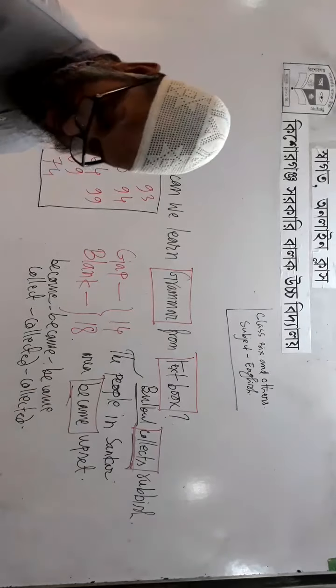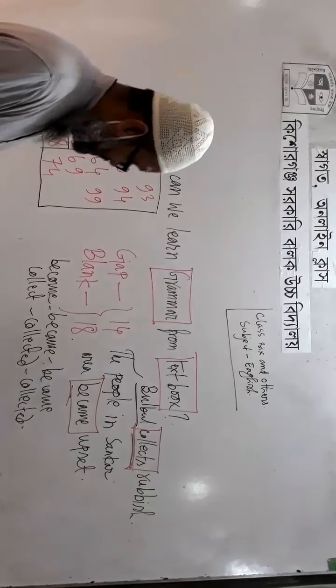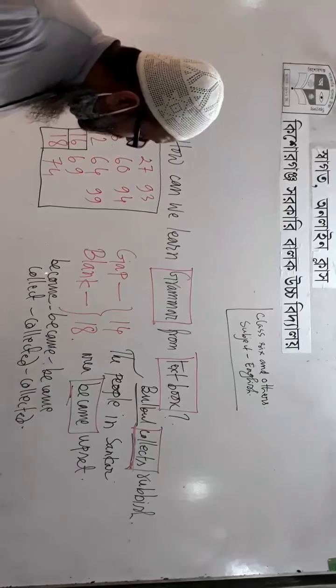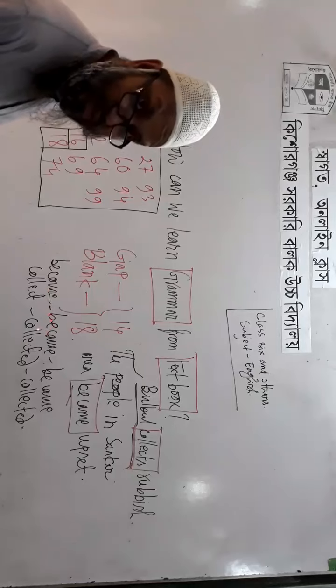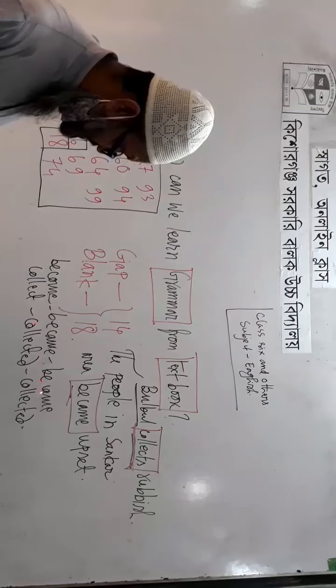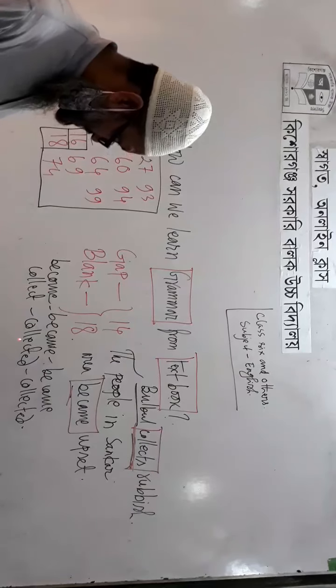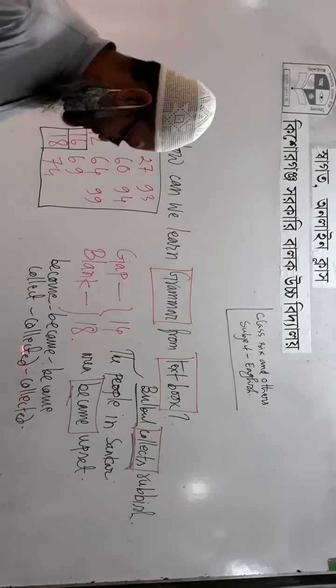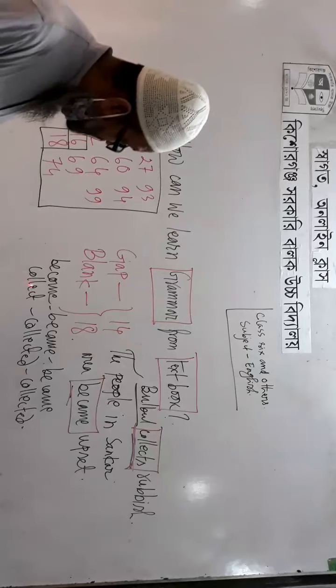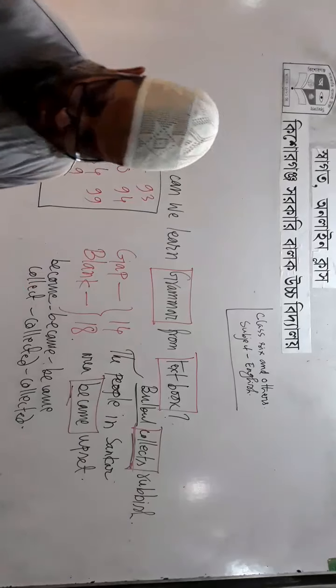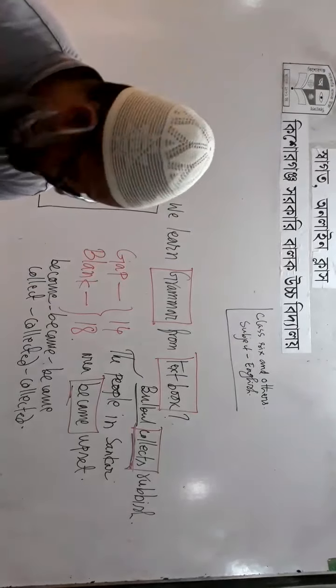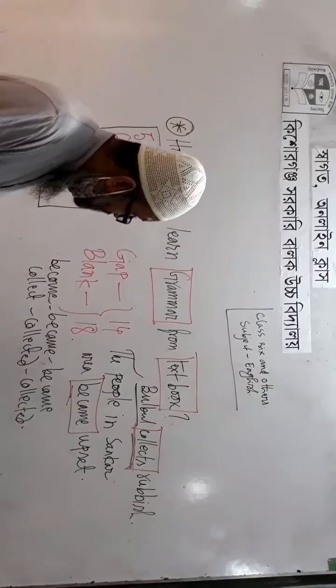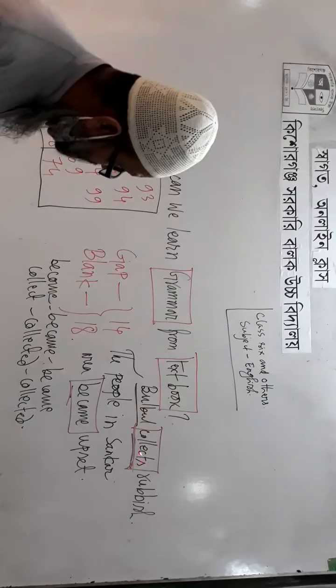Okay, so "become" is in present form, "became" is in the past form, and "become" in the past participle. "Collected" is in the past form and "collected" in the past participle form, but "collect" is present form. Okay, so you can learn it in this way.